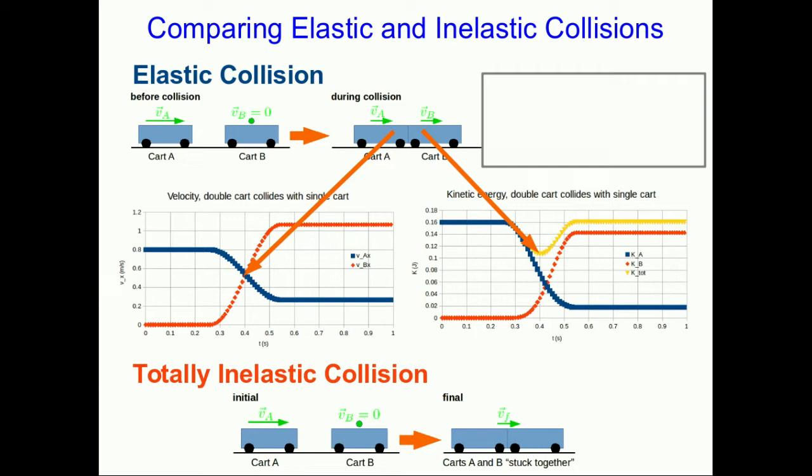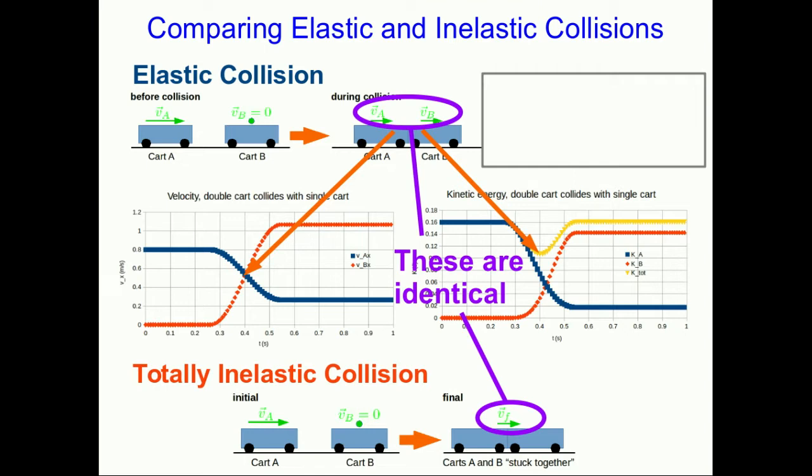And when I say just like, I mean if we're comparing collisions with the same inertia objects, starting with the same initial velocities, then conservation of momentum dictates that the velocities in the middle of the elastic collision are exactly the same as the velocity at the end of the totally inelastic collision. And so they must have the same total kinetic energy.